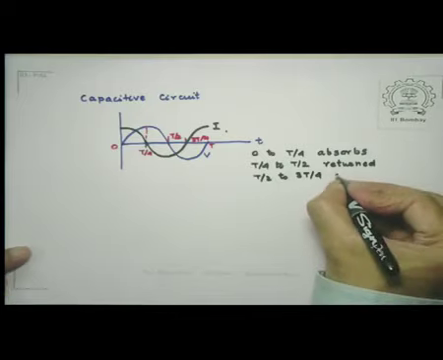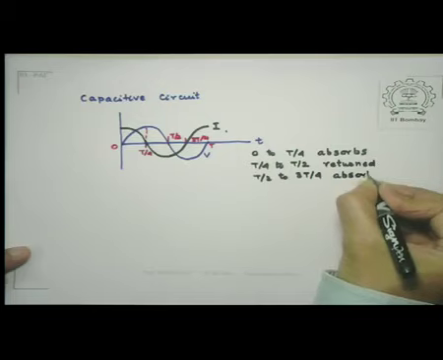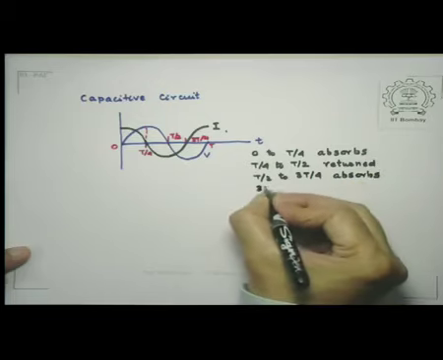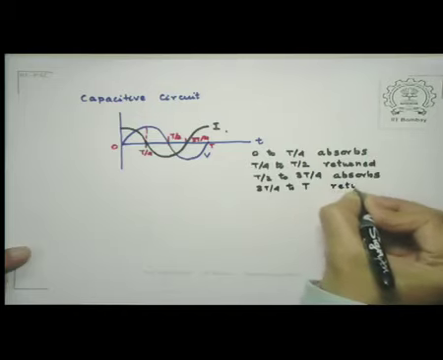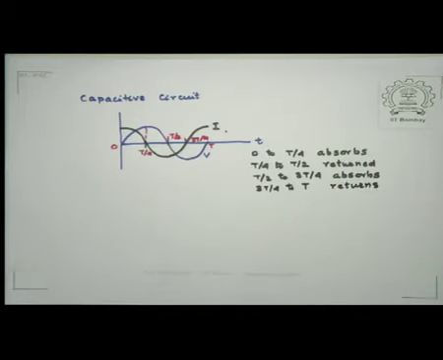So therefore, once again it absorbs power, and in the last quarter cycle from 3T by 4 to T, it returns the power. So what happens as a result is that the average power over a cycle for a capacitive circuit is equal to 0.